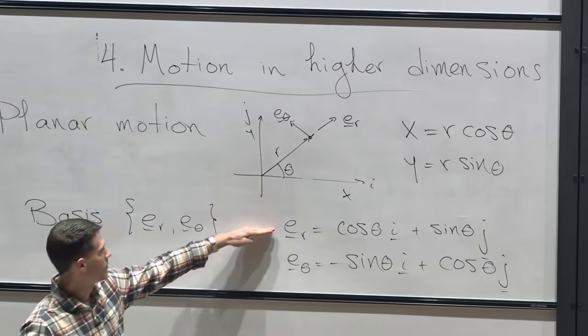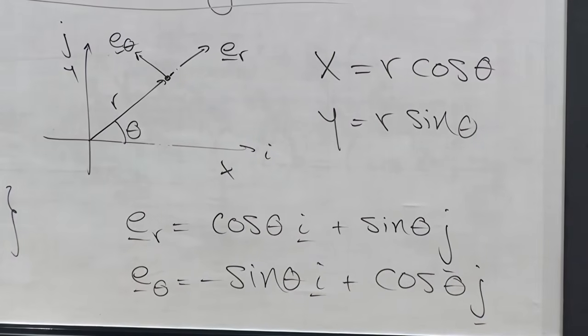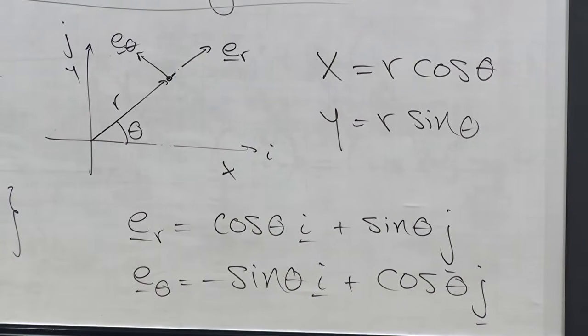Again, that's the vector that points in the direction of increasing radius, and that's the vector that points in the direction of increasing angle theta.